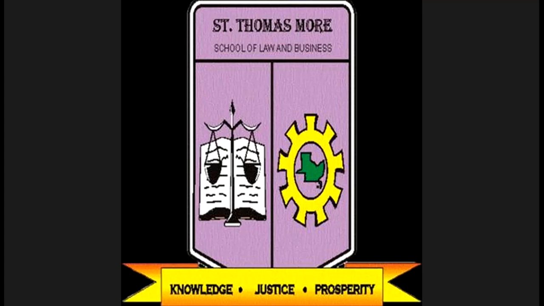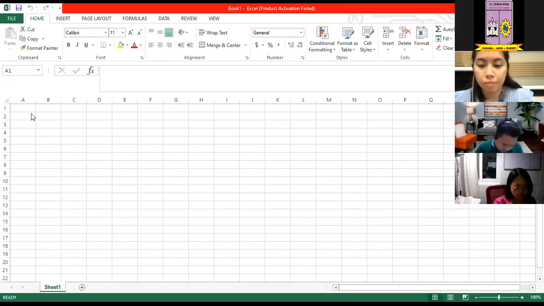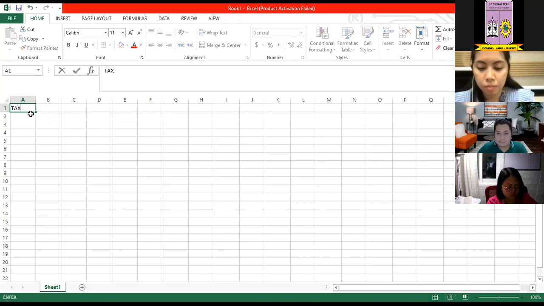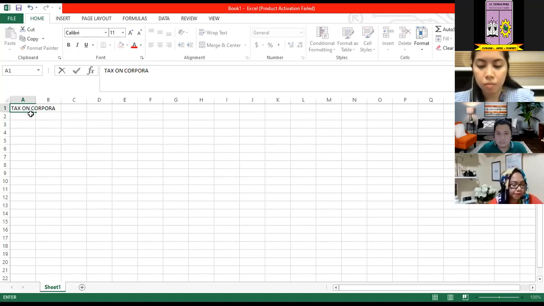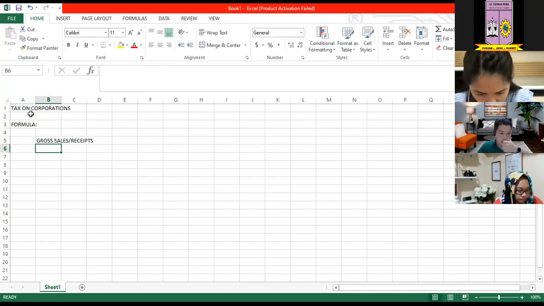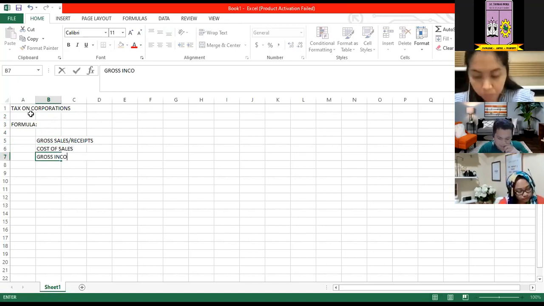So let me illustrate that. Illustration tayo, para simple. So let us just recall the formula. Ano ba yung formula natin? So we are now in tax on corporations. So this is the formula. Remember, gross sales or receipts less cost of sales equals gross income.